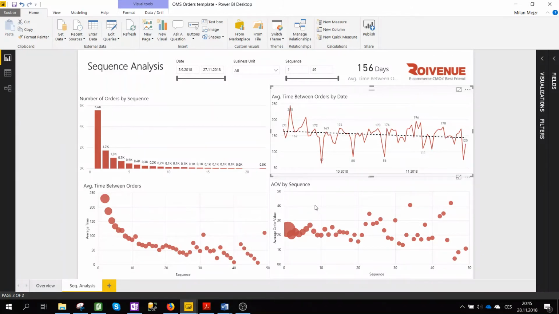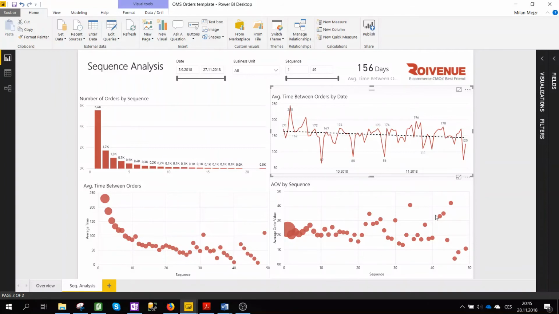We can probably say that the first order for customers is for 2,400, and the fifth is for almost 2,700. So there is a slight improvement.